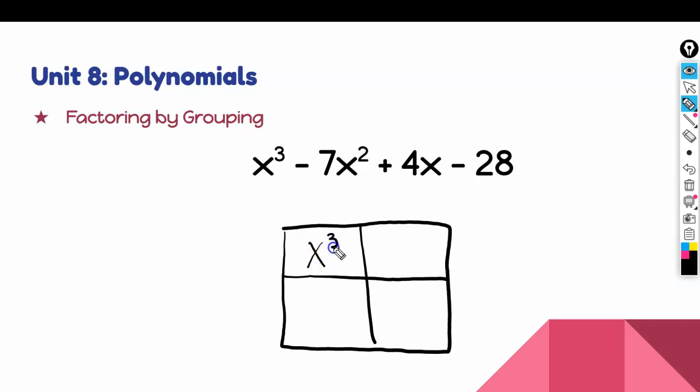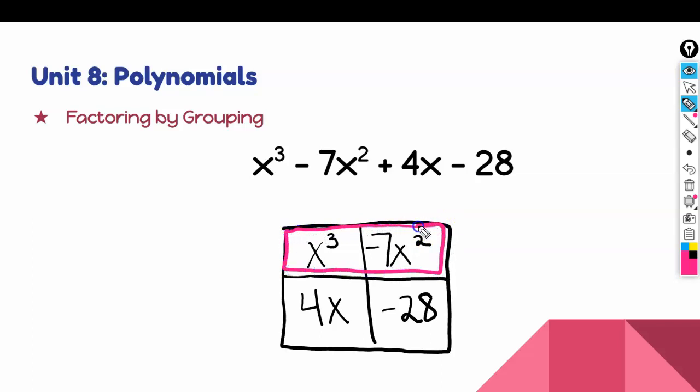X to the third, 7x, negative 7x squared, 4x, and negative 28. Now what I'm looking for is what term does each row have in common right now?